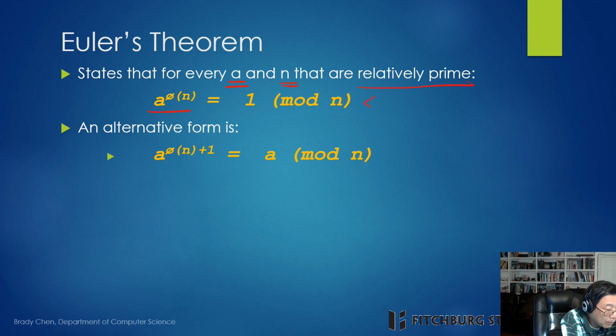If I write it another way, it basically says a to the phi of n mod n is 1. Or the alternative form, just like Fermat's theorem, a to the phi of n plus 1 mod n is a.